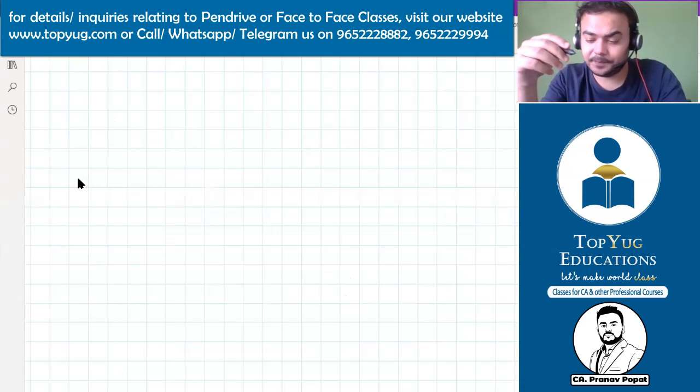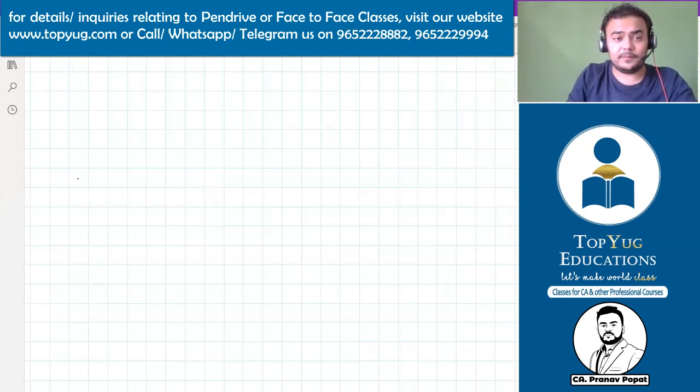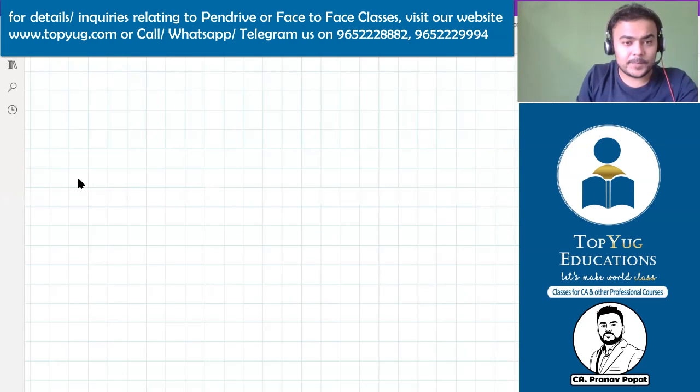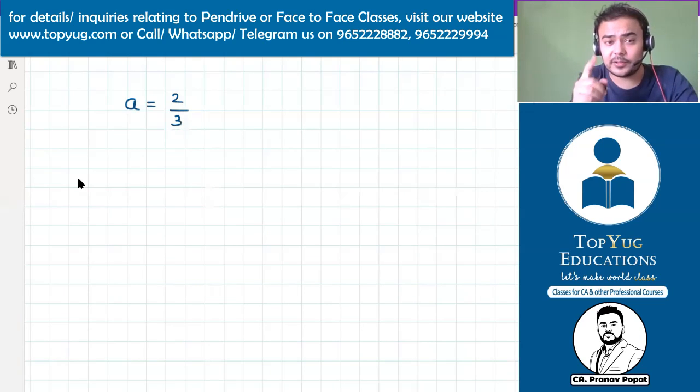See, suppose I have a first term as 2 by 3. Careful, I'm not saying ratio. First term, antecedent, is 2 by 3.